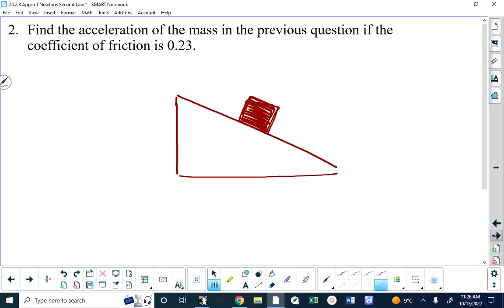What are the forces acting on that? Well, there is a force of gravity that is parallel to the ramp. There is a force of gravity that is perpendicular to the ramp. I mentioned this yesterday. I want to mention it again.